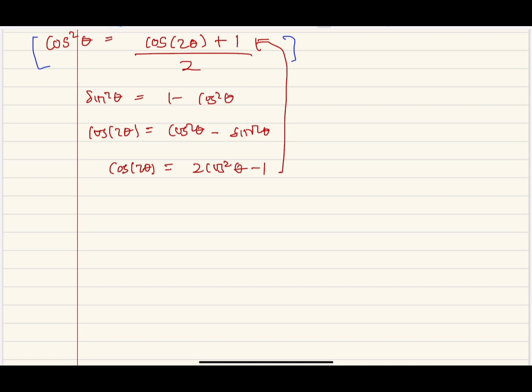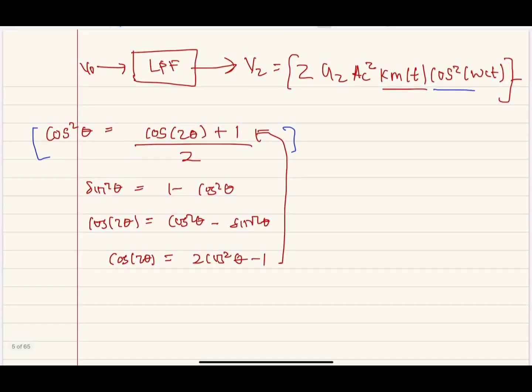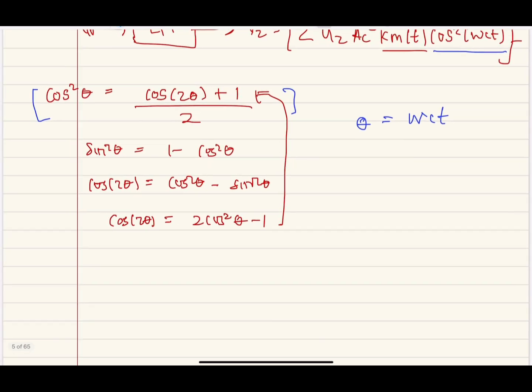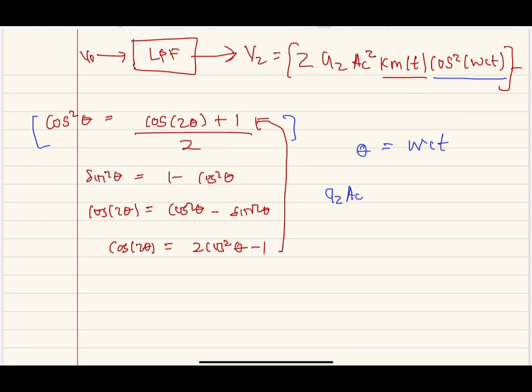So having this one, we can substitute it back into this equation, where our theta equals omega ct, or let's say omega t. And therefore, in doing that, we are going to get A2 AC squared K m of t multiplied by (cos 2 omega ct plus 1) all over 2.